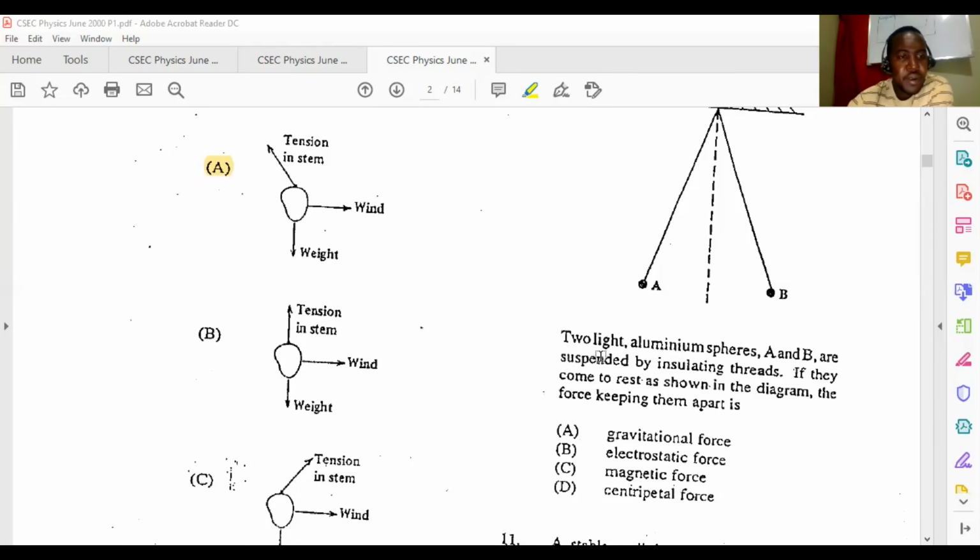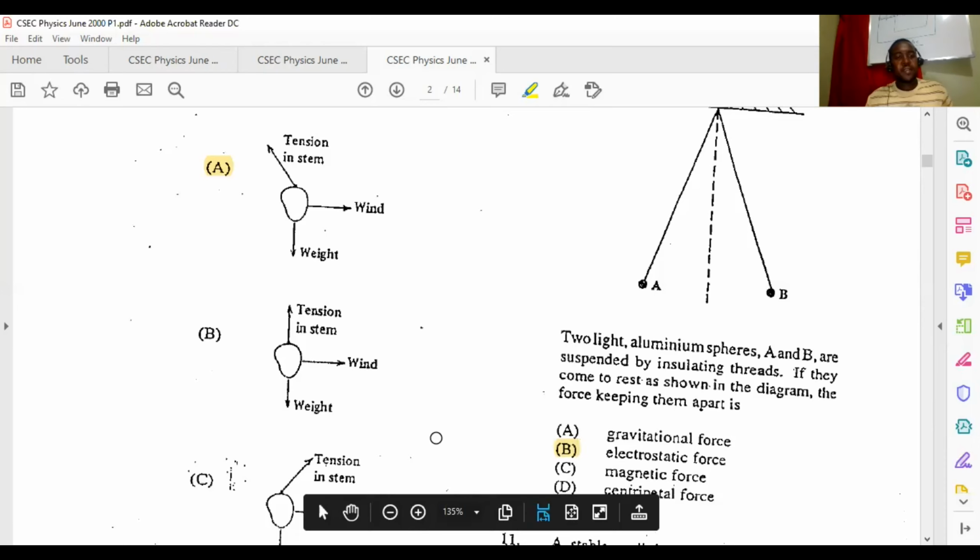So remember, gravitational force entails objects pulling together to each other, right? So two masses pulling together. Because they are actually apart from each other, there is no pull towards each other. So therefore it has to be electrostatic, meaning that A and B have the same charge and they're repelling each other, right? So that means it is B, all right?